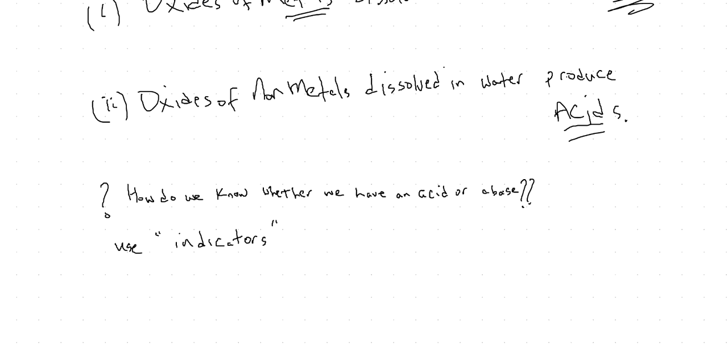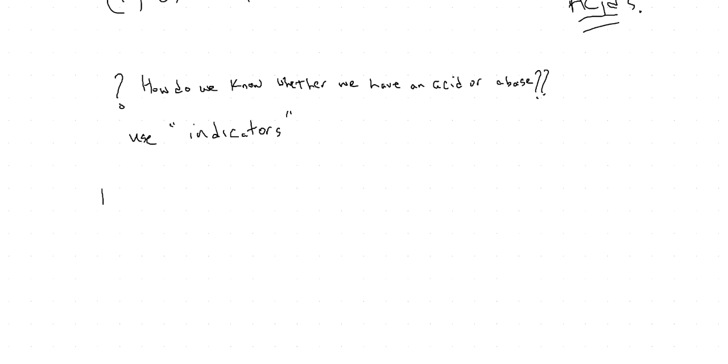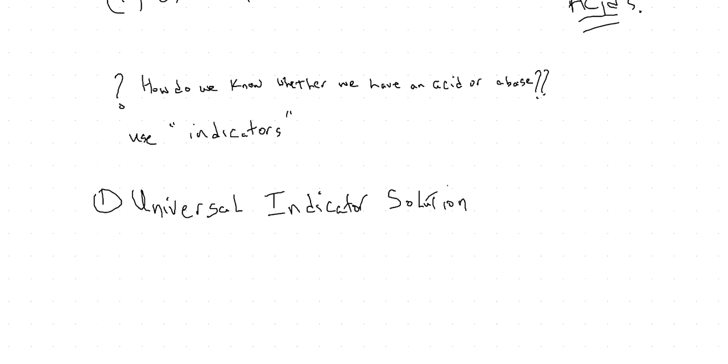The first indicator is called universal indicator solution. You'll see why it's called universal. If you're in the lab, you'll see jars that have UIS, universal indicator solution.